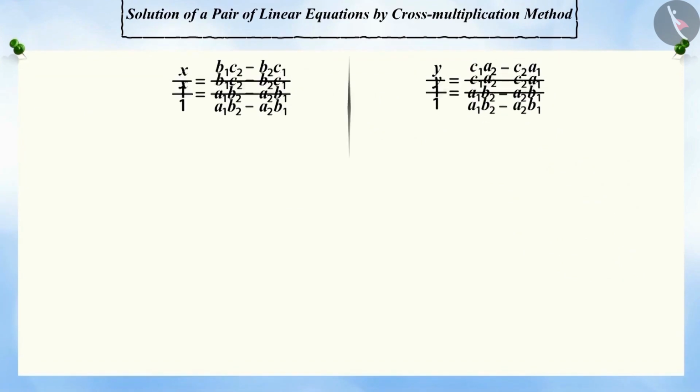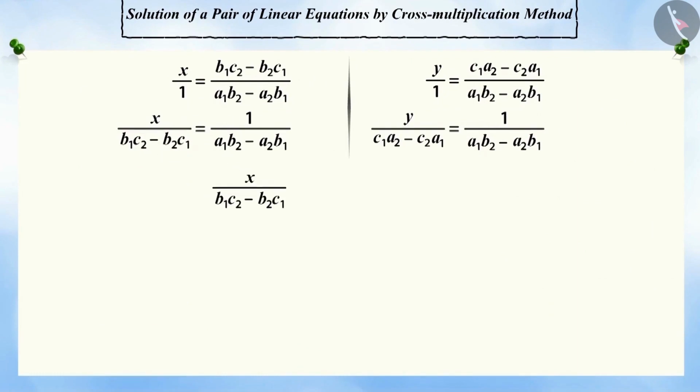If you analyze the values of x and y, we get x divided by (b1c2 minus b2c1) is equal to y divided by (c1a2 minus c2a1), which is equal to 1 by (a1b2 minus a2b1).